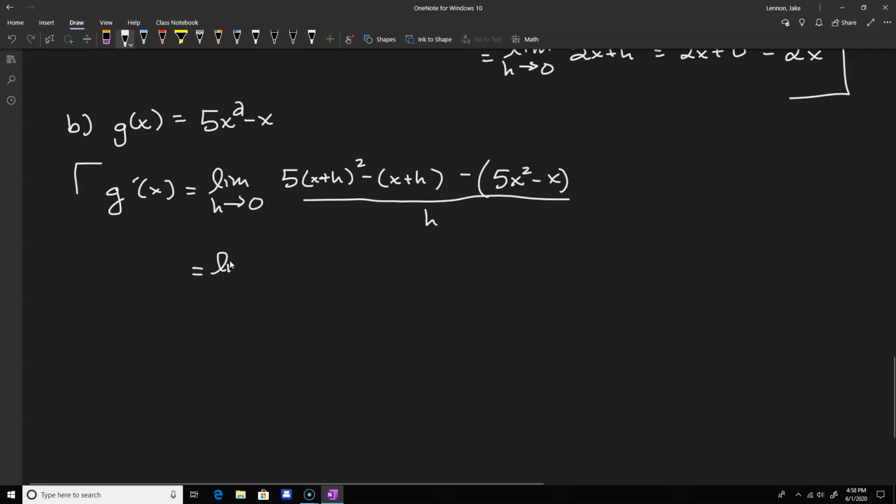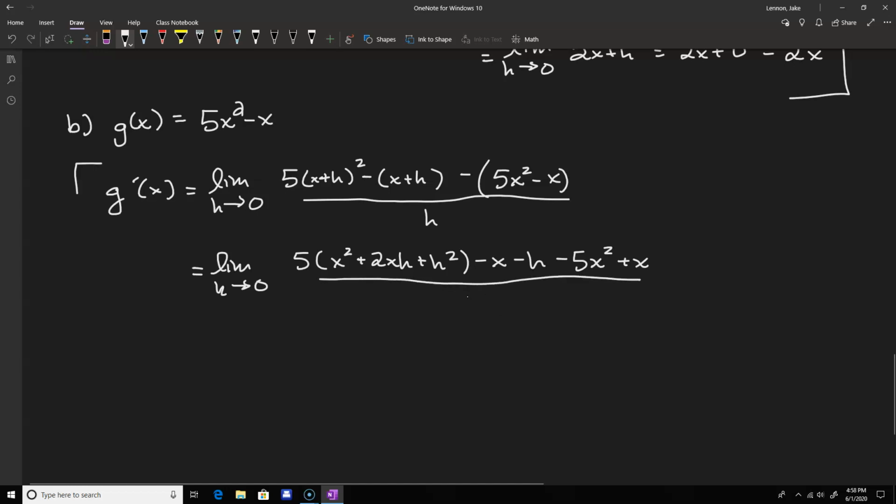So this will be the limit as h approaches 0 of 5 FOIL out x plus h, which is x squared plus 2xh plus h squared. And then we subtract x and subtract h. Then distribute the negative to the remaining two terms in the numerator there. So minus 5x squared plus x over h. So we see two things canceling here, the minus x and the plus x cross out.